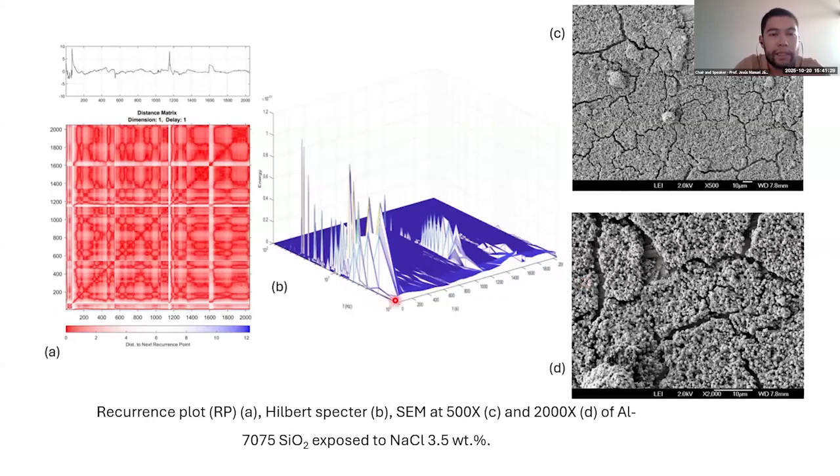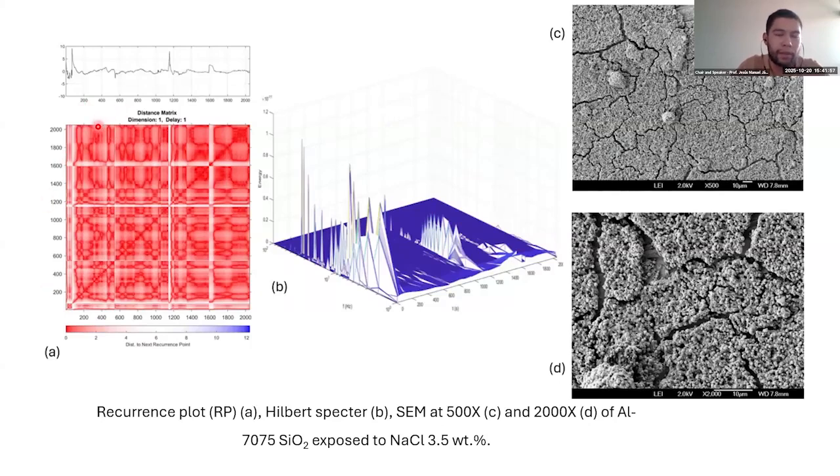And in the Hilbert spectra, we have energy accumulation at high frequencies. When you have energy accumulation at high frequencies, it indicates a localized corrosion system. If you have low frequencies, it's a homogeneous corrosion system. And your recurrent plot shows how we have at the beginning an accumulation of attacks.